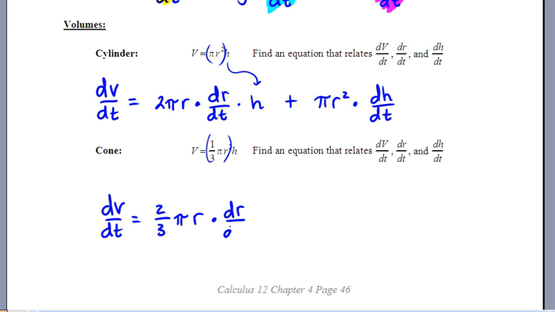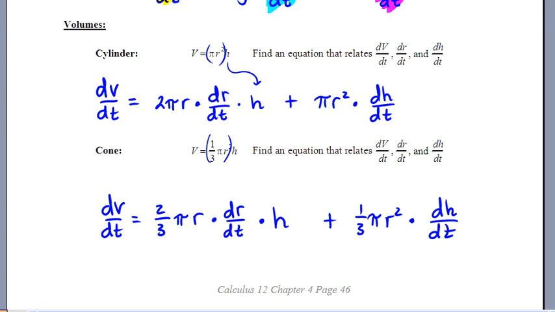Well, that's just the derivative of the stuff in the blue brackets. Then times h, often forgotten. Then switching it around, leave the 1/3 pi r squared times dh/dt. Okay, so that's the setup.